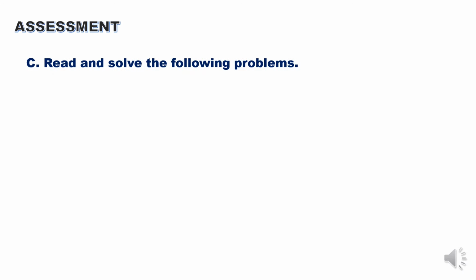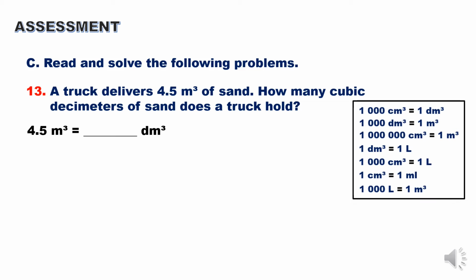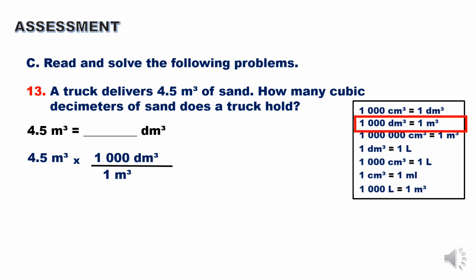Read and solve the following problems. 13. A truck delivers 4.5 cubic meters of sand. How many cubic decimeters of sand does the truck hold? So, conversion, cubic meter to cubic decimeter. Okay. So, multiply. The denominator is with cubic meter. Then, cancel.